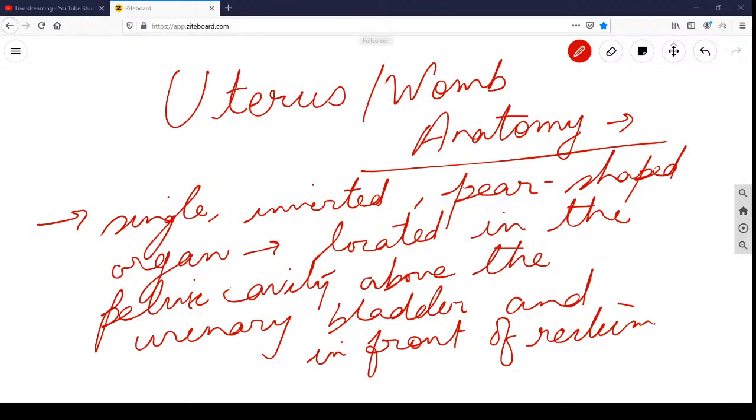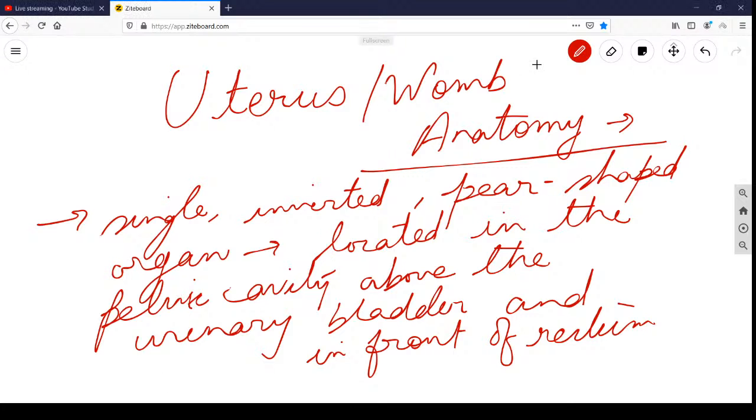Now, in the case of nulliparous women, meaning women who have never given birth, the uterus is about 7.5 centimeters or 3 inches long.